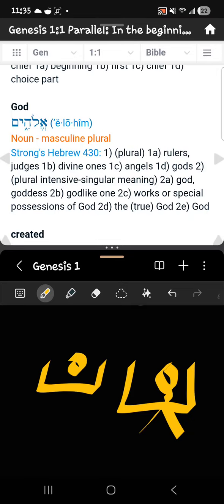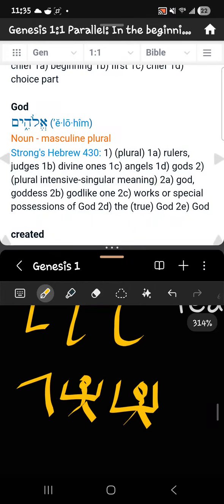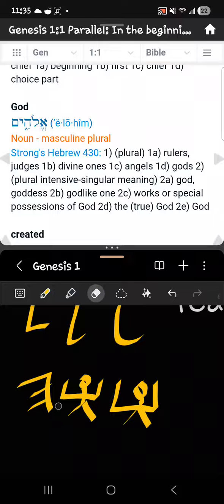Sorry, it's not what the video's about. Here's how it looks in Paleo. You sometimes even see it like a regular backwards E. But more times than not you'll see it like that.